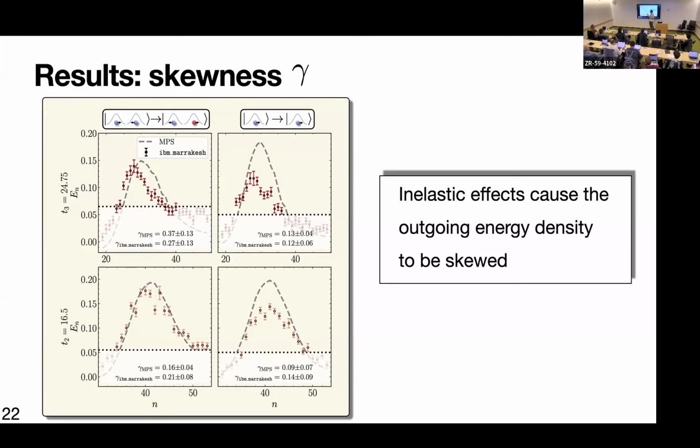This simulation should have very similar noise to the full scattering simulation, but less skewness because there are no inelastic effects going on. We repeated a simulation of just a single particle propagating, and we found that it's significantly less skewed than the 2-particle collision. This gives us evidence that at least some of the skewness is actually due to this inelastic particle production.